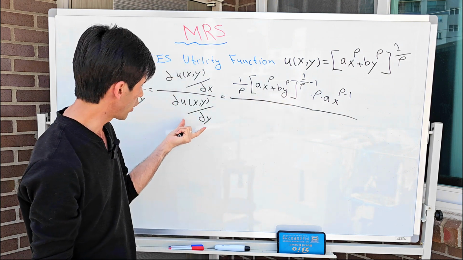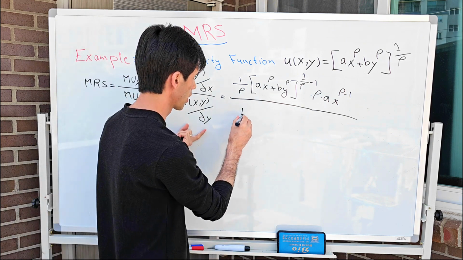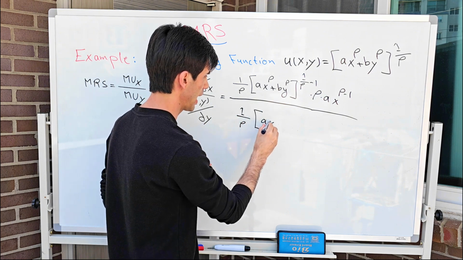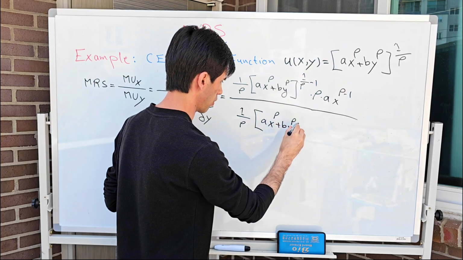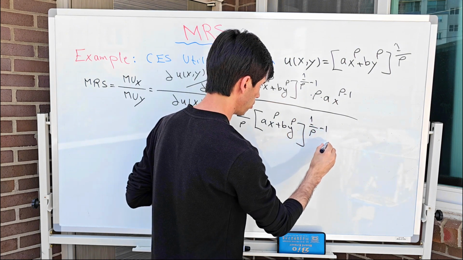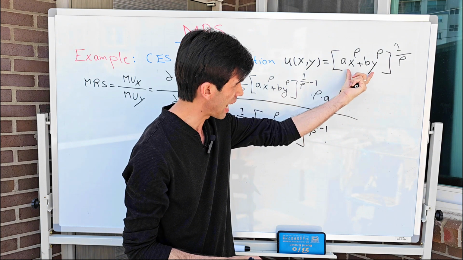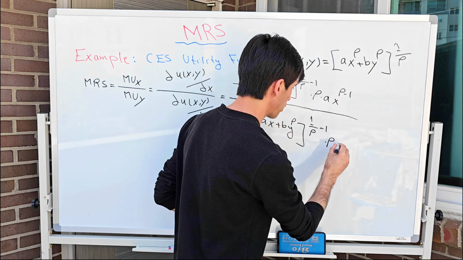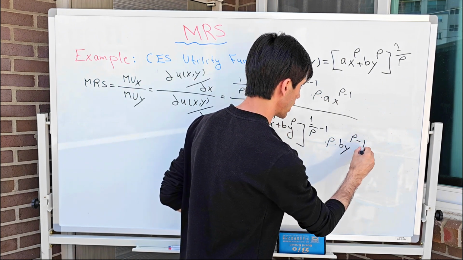Now let's find the partial derivative of the utility function with respect to y. It's equal to 1 over rho multiplied by (ax to the power of rho plus by to the power of rho) whole to the power of 1 over rho minus 1, multiplied by the derivative of this inside function with respect to y this time, which will be equal to rho multiplied by b multiplied by y to the power of rho minus 1.